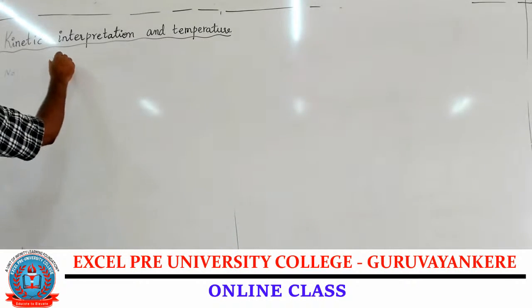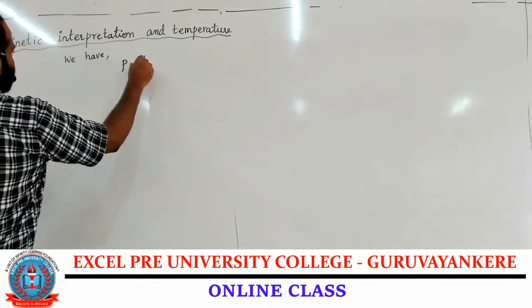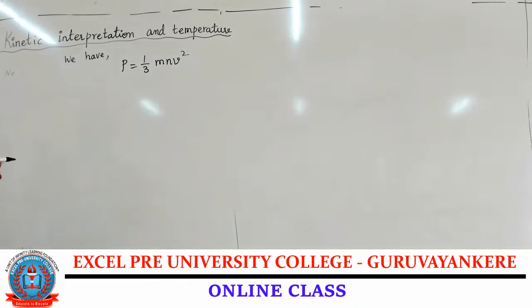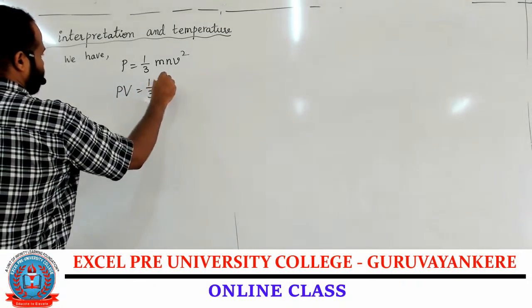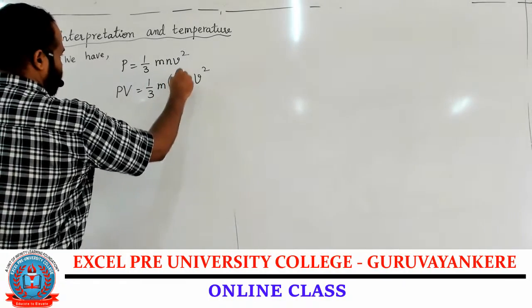So we have just now seen P is equal to 1 by 3 mn V square, correct? Multiply both sides by volume. This will be nV times V square, where V is volume.